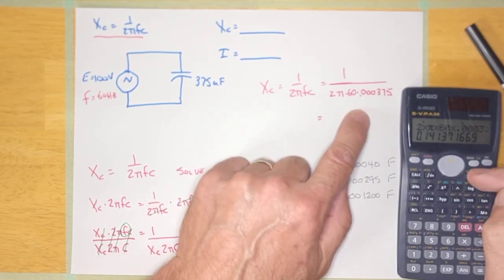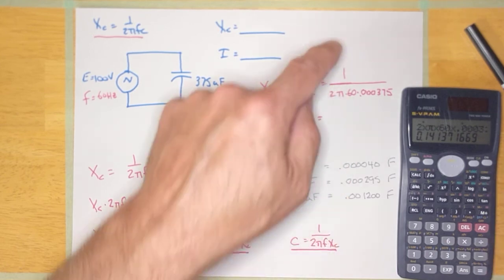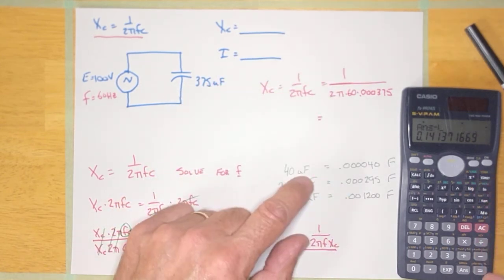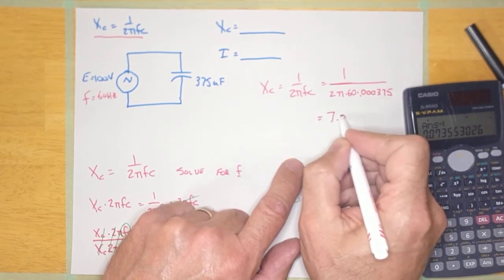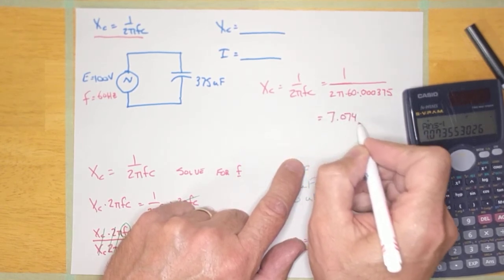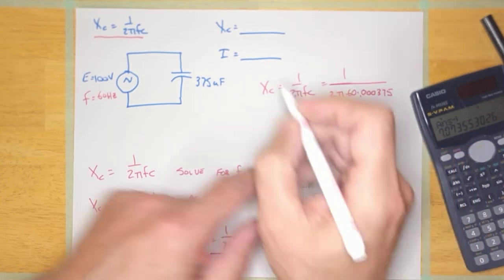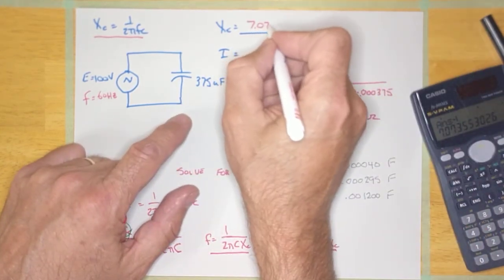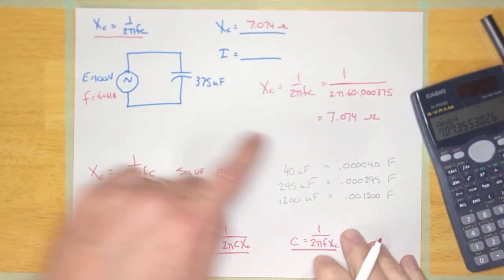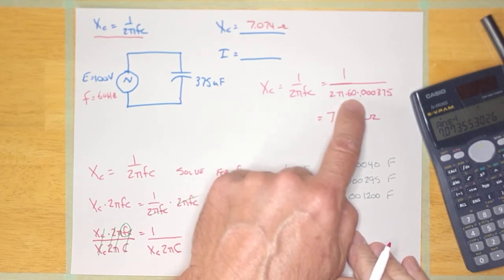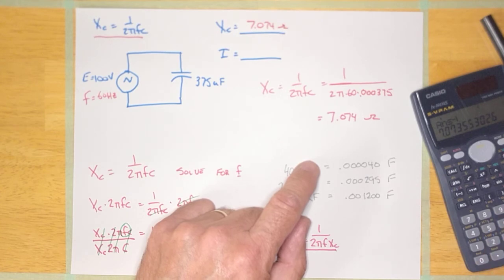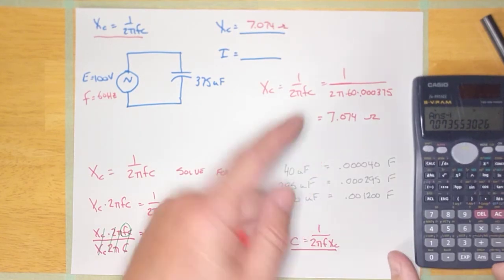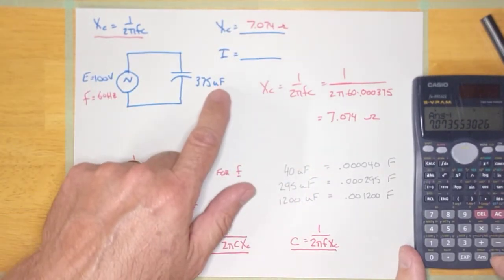And then I would hit 1/x, or x to the minus 1, which is going to put a 1 over it. And according to this, it's 7.074 ohms, okay? 7.074 ohms. So 2 times pi times 60 times all that, hit equals, then hit 1/x, and you'll put a 1 over all that stuff.